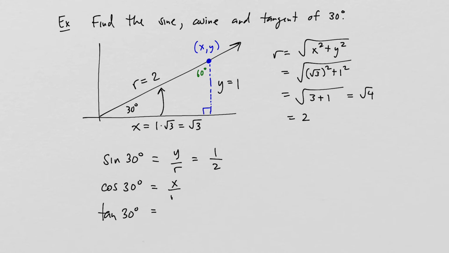Cosine is x divided by r, x is radical 3, r is 2, and so that's radical 3 over 2. And tangent is y divided by x, which is 1 divided by radical 3, and we'll go ahead and leave it like that. So you're either going to be given the point on the terminal side of theta, or you will be able to figure it out by drawing some kind of a special triangle.